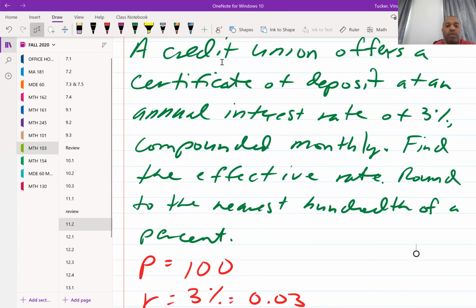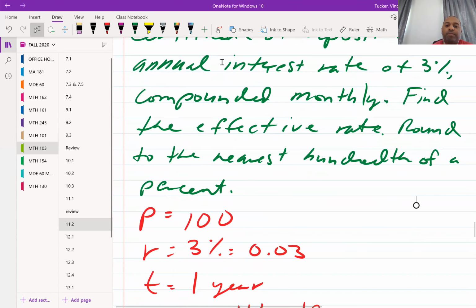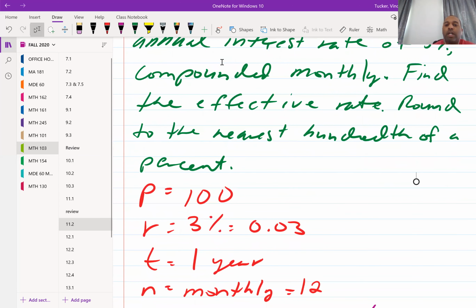So we're looking for the effective rate. So we're going to let P be equal to 100. And we have this 3%. And we're talking about within a year. And it told us that our interest rate was compounded monthly.